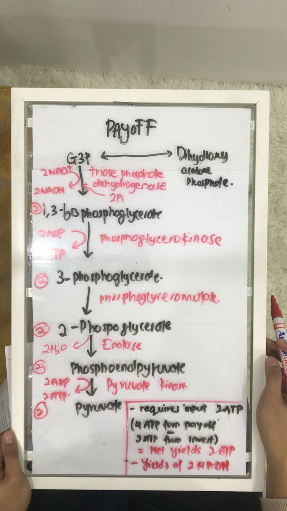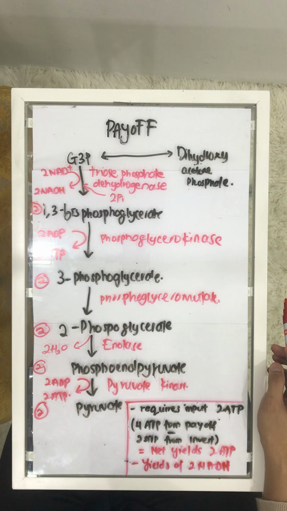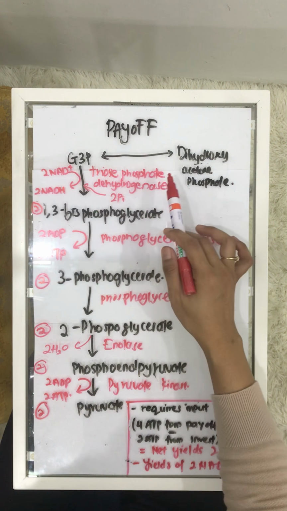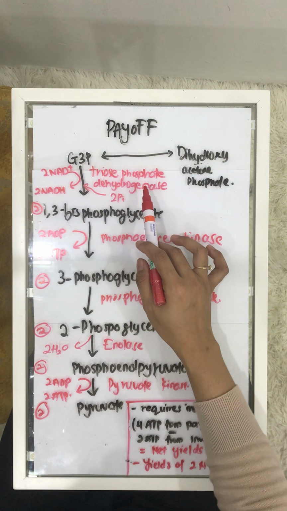So the payoff phase starts from when the glyceraldehyde 3-phosphate is being converted into 1,3-bisphosphoglycerate. The enzyme involved in this reaction is triose phosphate dehydrogenase.